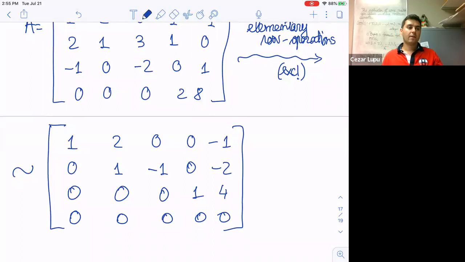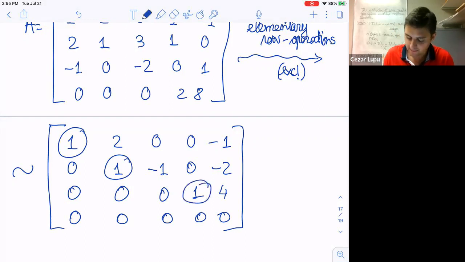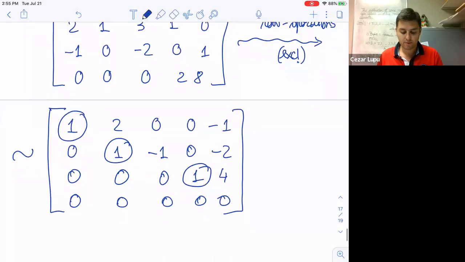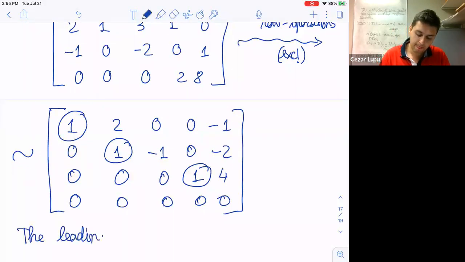And guess what? Look at the leading ones. On what columns do the leading ones appear?